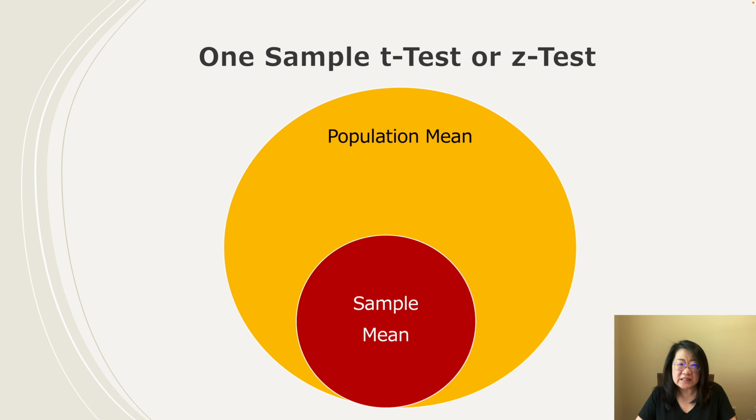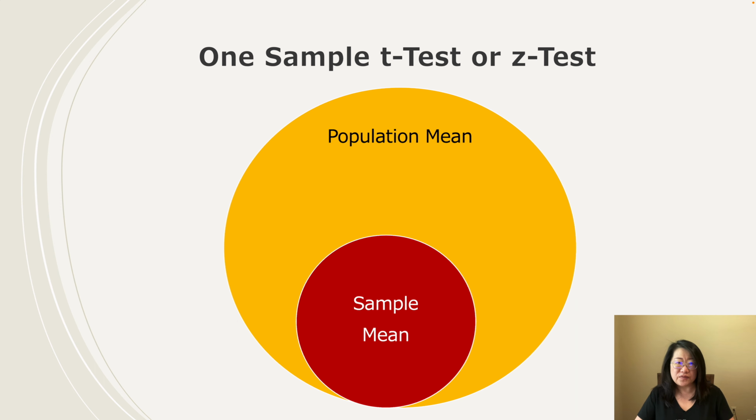The second type of t-test or z-test is the one sample t-test. The one sample test basically compares the group mean of a sample with its population.